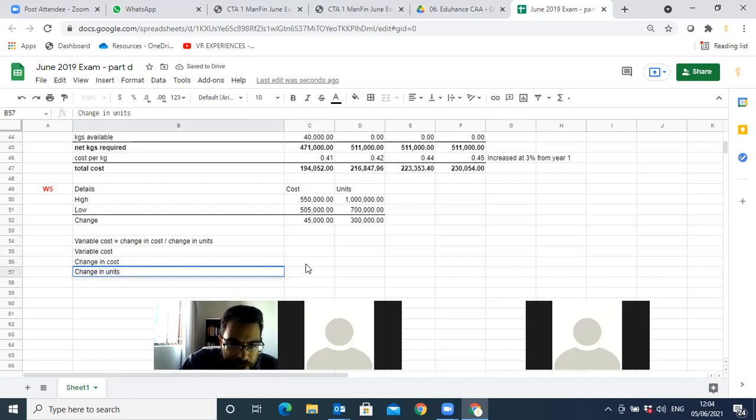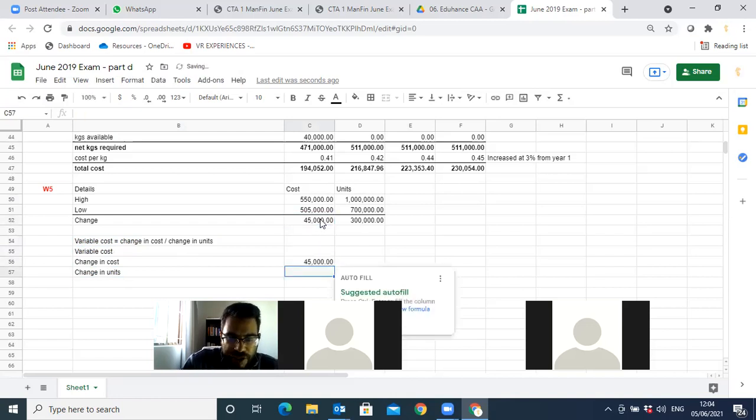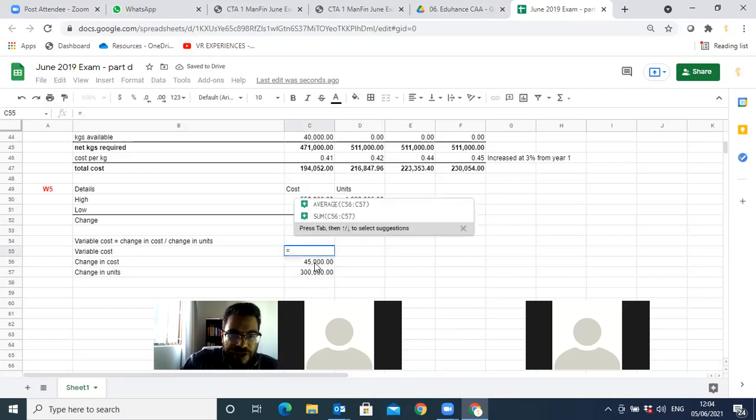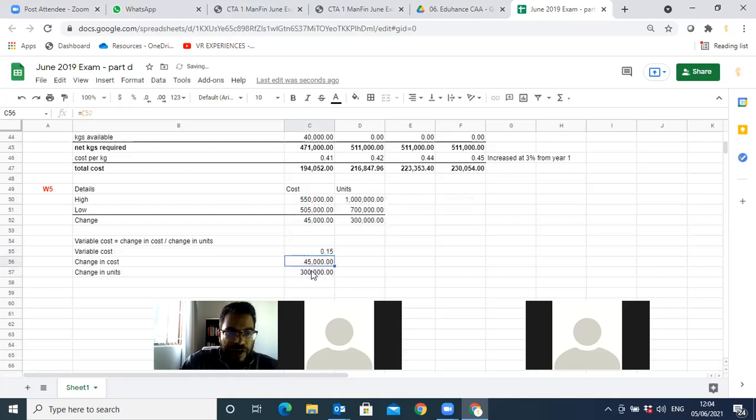Here, change in costs is 45,000, and change in units is 300,000. So the variable cost is change in costs divided by change in units. Therefore the variable cost is 15. It is variable costs per sachet, or per unit, of 15 cents.